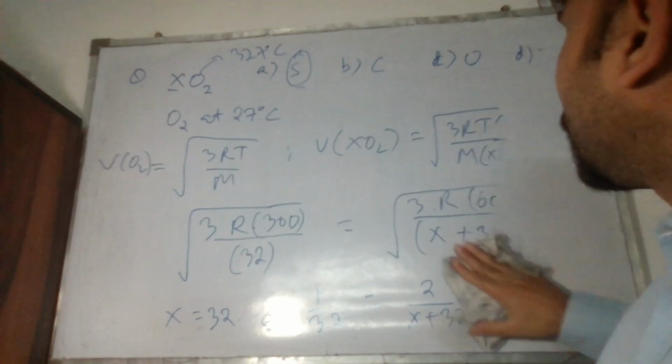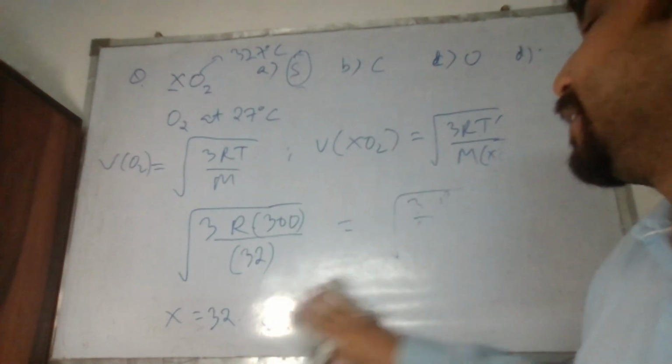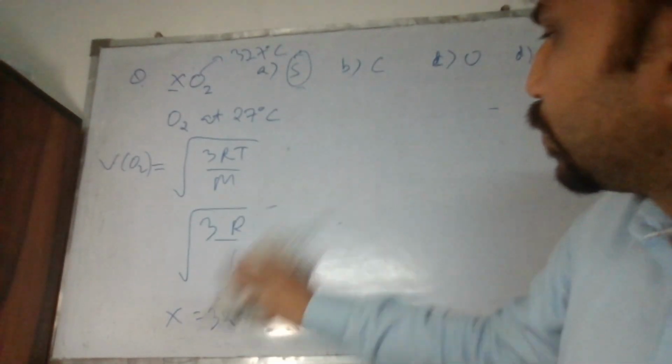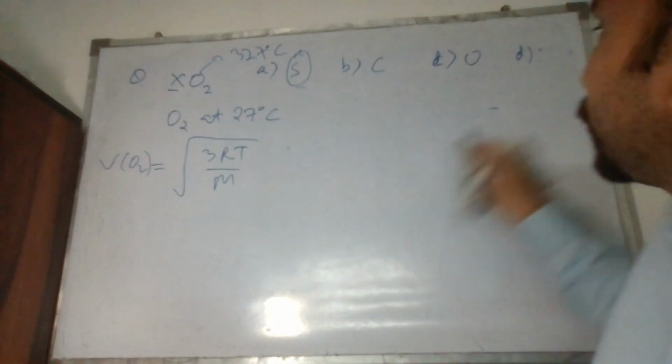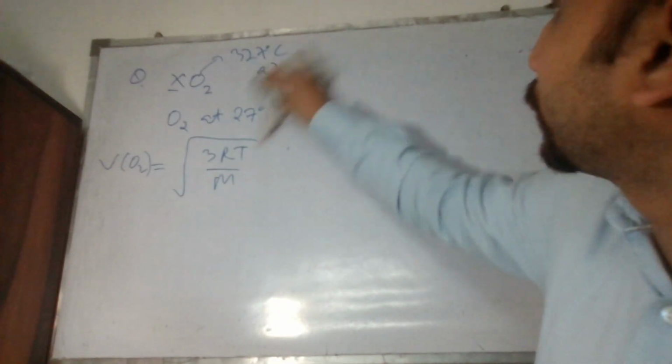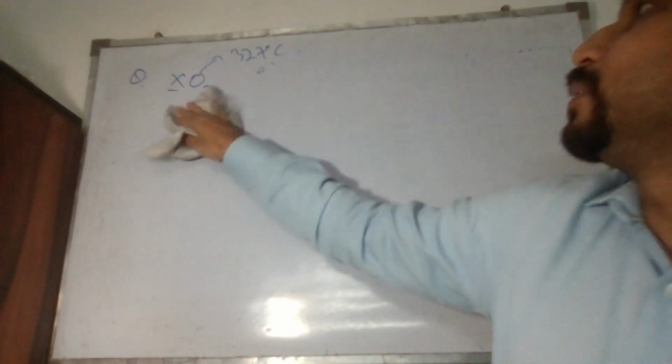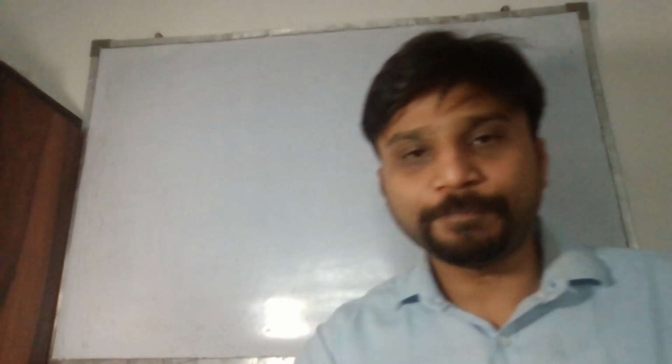Then we have a question about average kinetic energy. Average kinetic energy of a monatomic molecule is simply 3 by 2 kT, or the average translational kinetic energy.